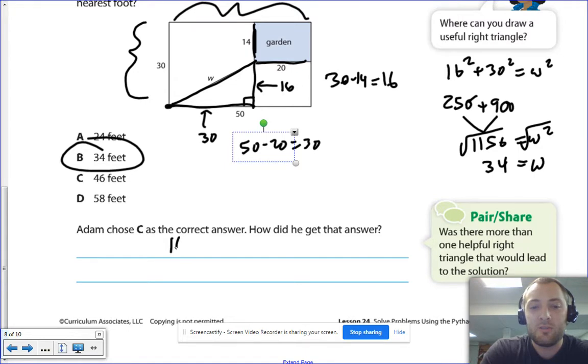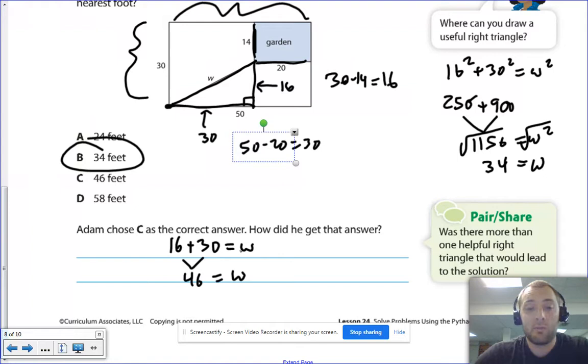But in this case, if you did 16 plus 30 equals W, 16 plus 30 is 46. I'm guessing that's what Adam did. And you got 46 feet, but it definitely doesn't work. We just showed that W is actually 34 feet, which is significantly smaller. So that doesn't work, but that was the error. That was my guess of his error.